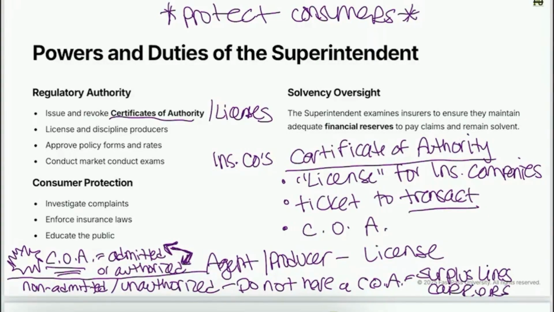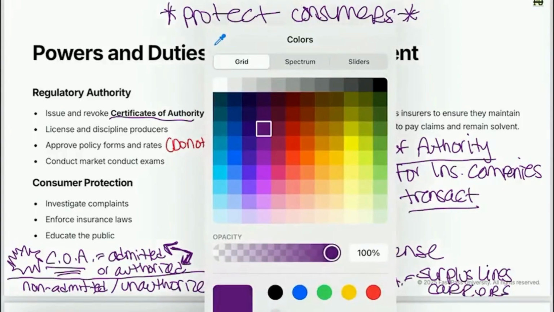And let me explain. If an insurance company wants to charge a higher rate, increase their premiums, or change a policy form, change the way their policies are written, they cannot do so as they please. They need to submit that to the superintendent and get them approved or denied.